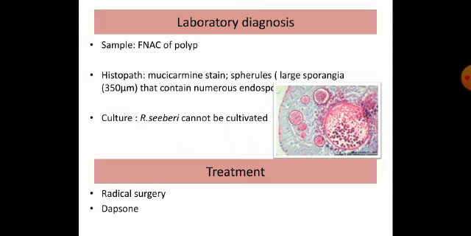Coming to how we make a diagnosis of rhinosporidiosis, just by looking at the lesion or the large polyp in the patient we can make a diagnosis, but we need to confirm that it is caused by the fungus rhinosporidiosis to be very specific while giving the treatment.